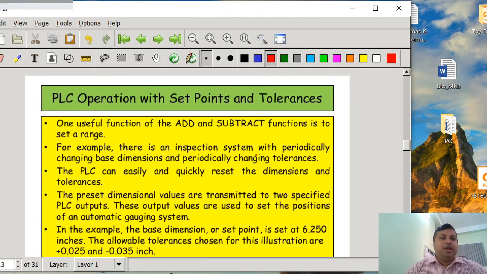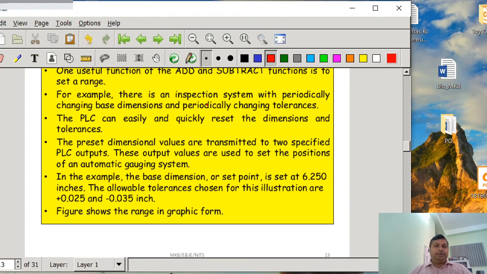Okay. Now, PLC operation with set points and tolerances. Here is another example where the adder and subtractor operations are used together to handle this kind of situation. One useful function of the add and subtract functions is to set a range. For example, there is an inspection system with a periodically changing base dimension and periodically changing tolerances.